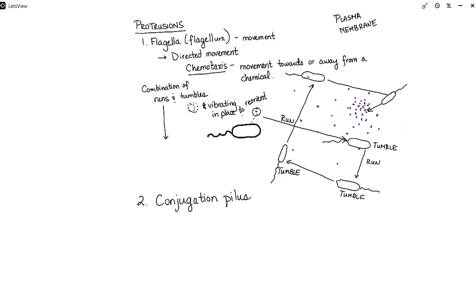Now, a conjugation pilus is sometimes also known as a sex pilus, which is misleading because it suggests that bacteria have sex and they don't. I don't know why they decided to use this term, like male and female bacteria and sex pilus, because those are not real things.